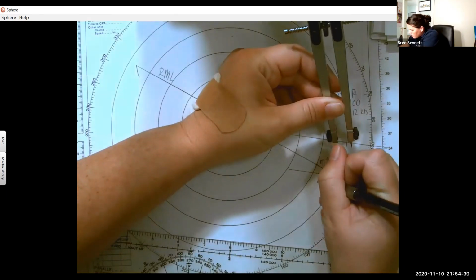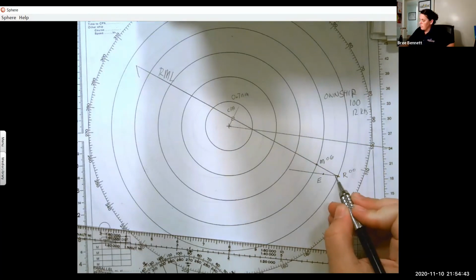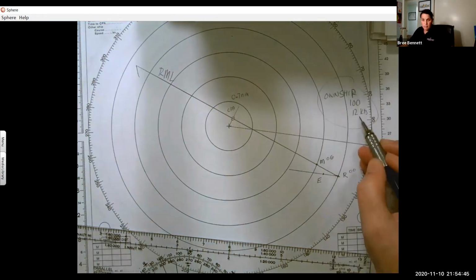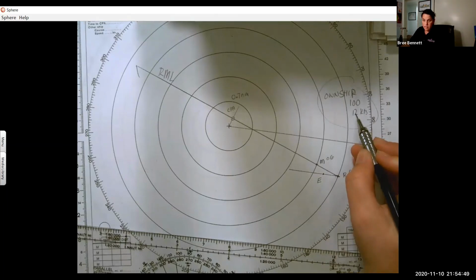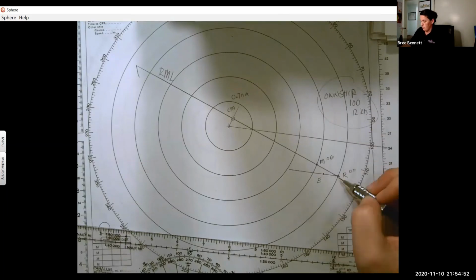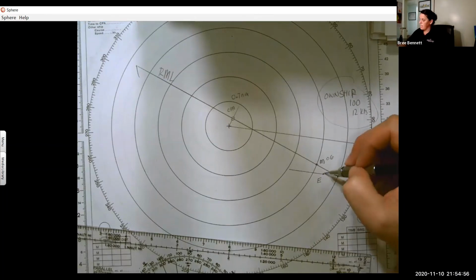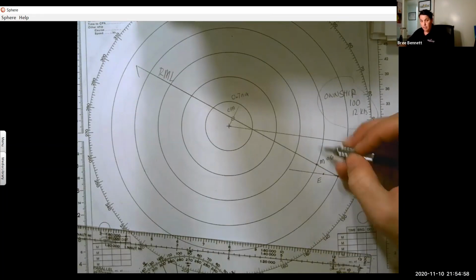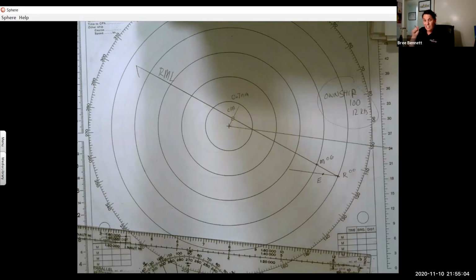So this would be my E. So E to R matches my own ship, the direction of 100 at 12 knots. Relative motion was what I observed. And then E to M is going to be them, their course, true course and speed. So anything from E is going to be that true course and true speed, not relative.